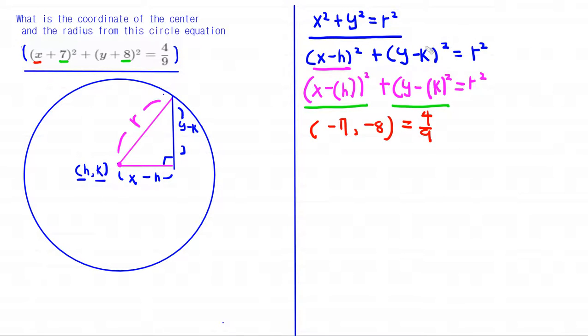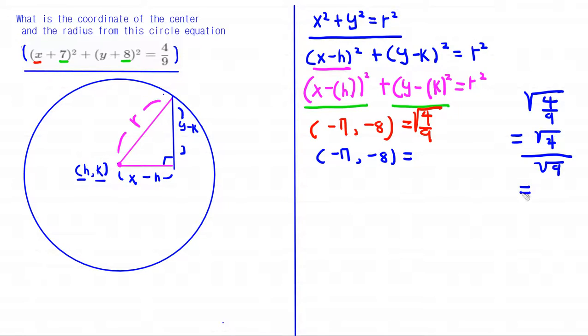But we need to find r, so we need to take the square root of it. The center is negative 7 comma negative 8, and the square root of 4 over 9 is equal to the square root of 4 over the square root of 9, which is equal to 2 over 3.